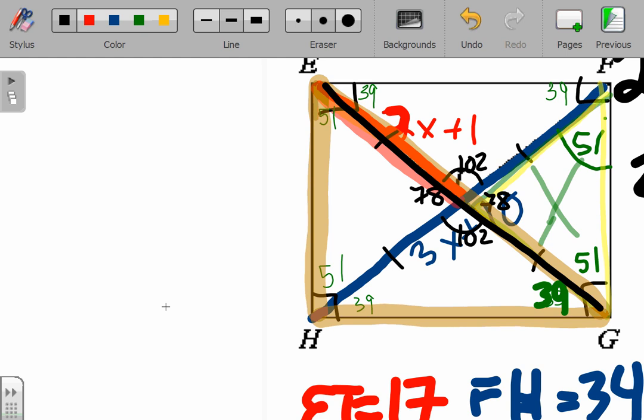Remember, I warned you. SOHCAHTOA, all that right triangle stuff's going to come back. So from the 39, this is opposite, adjacent, hypotenuse. I'm going to go for EH first. So I've got an OH combo. So that's sine of theta over 1 equals O over H. You're going to follow along, folks.